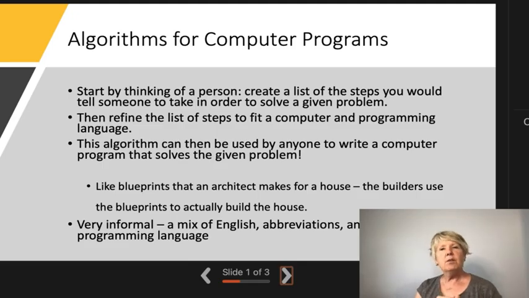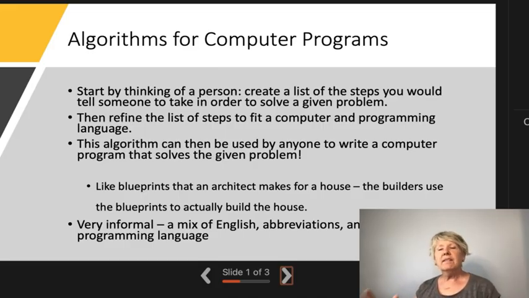So your algorithm is basically a list of steps, but ultimately it's a design for a computer program, for somebody to use to build a computer program. They're very informal. They're not supposed to look good and be all lined up and perfect.